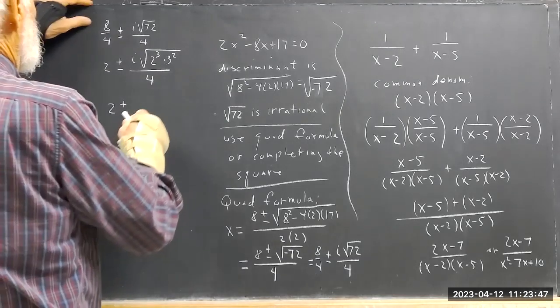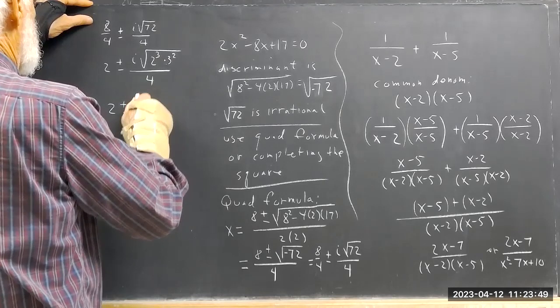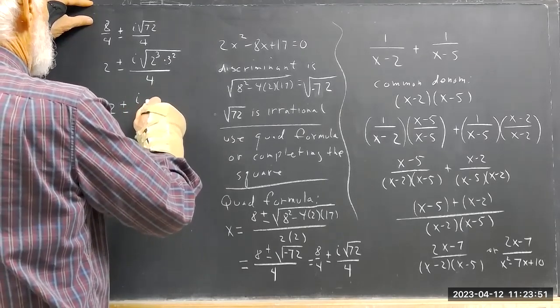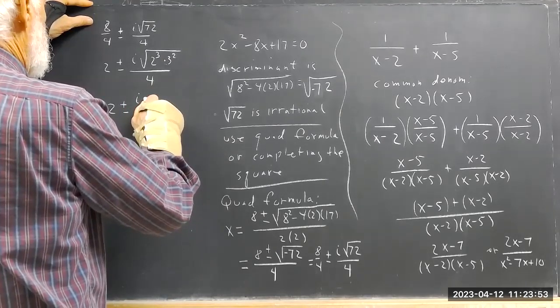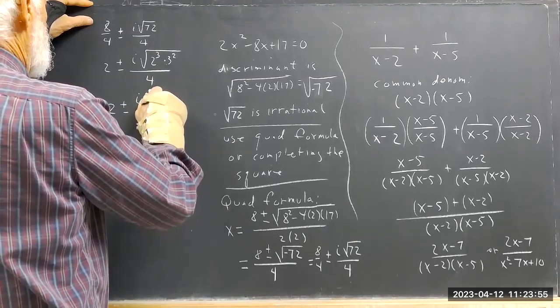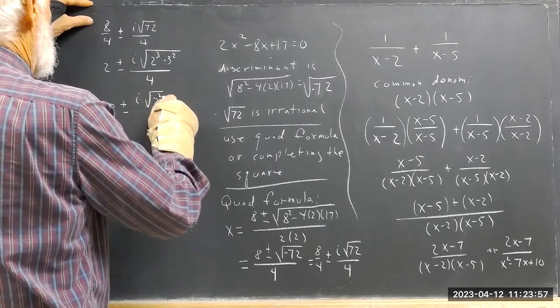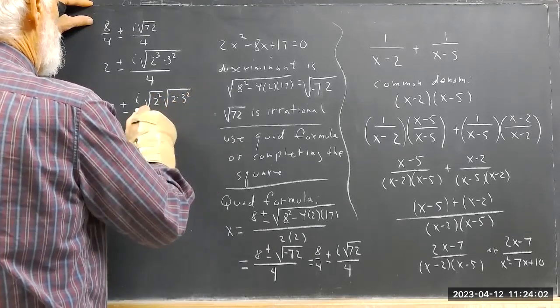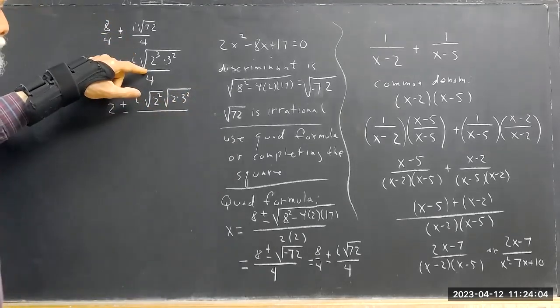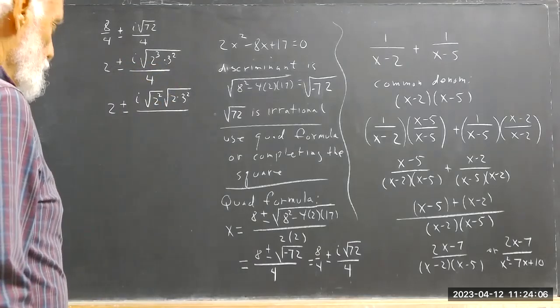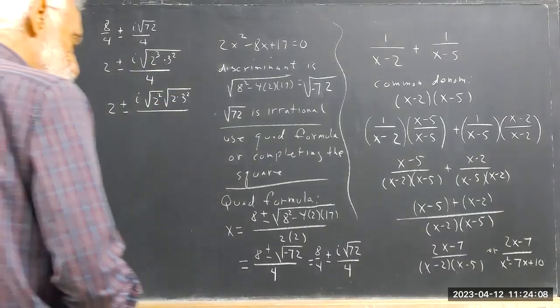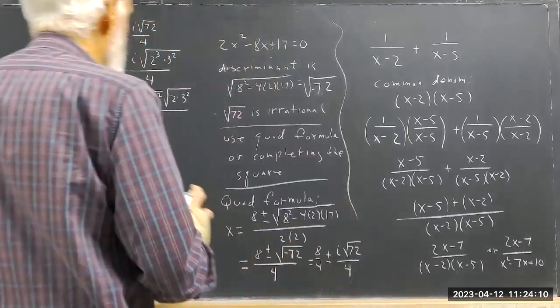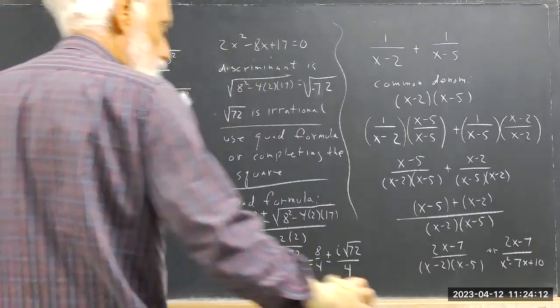Okay, well, I can write this as 2 plus or minus i times, okay, I can write 2 squared times 3 squared. Actually, this is unusual. I made a second mistake.